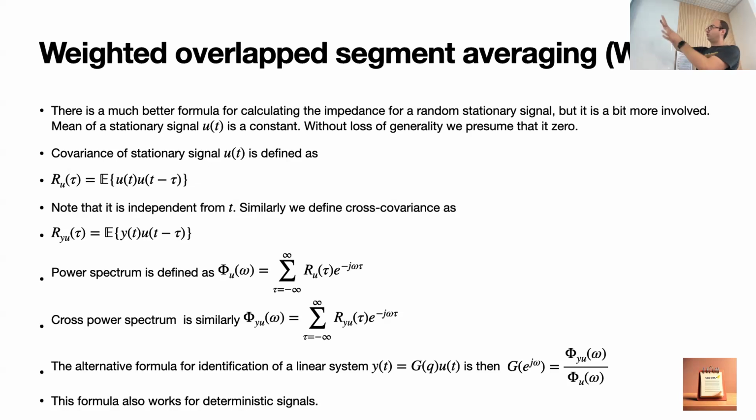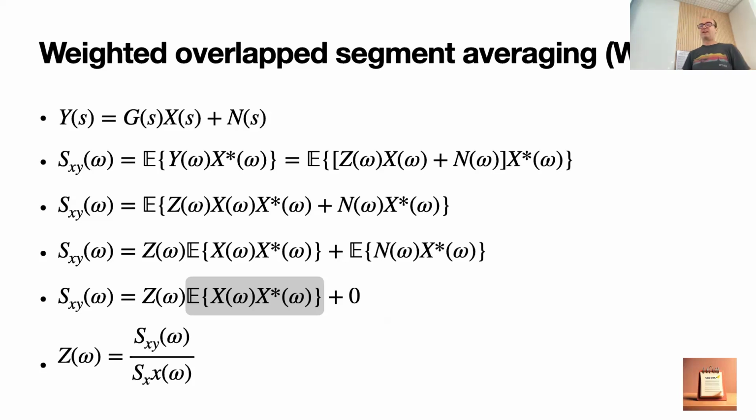If you search WOSA on Google, Gemini, ChatGPT, wherever you want, you will get a really deep analysis of how it works. The takeaway is that we are not taking a ratio of two Fourier signals, but we are using the cross correlation of the signals. So this is what I'm going to show, and why it works.